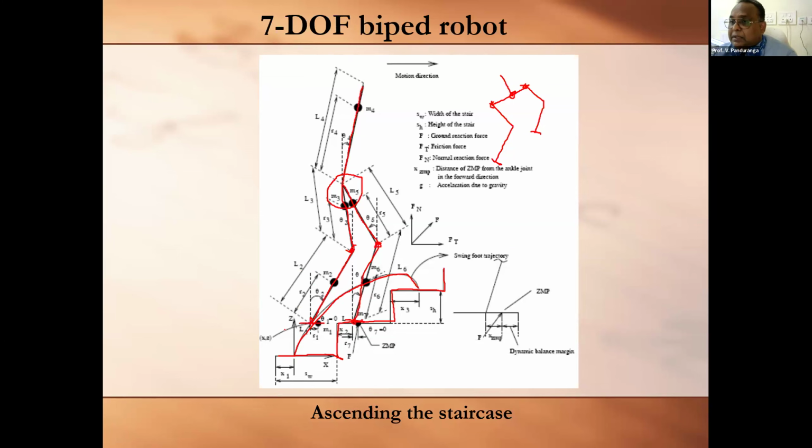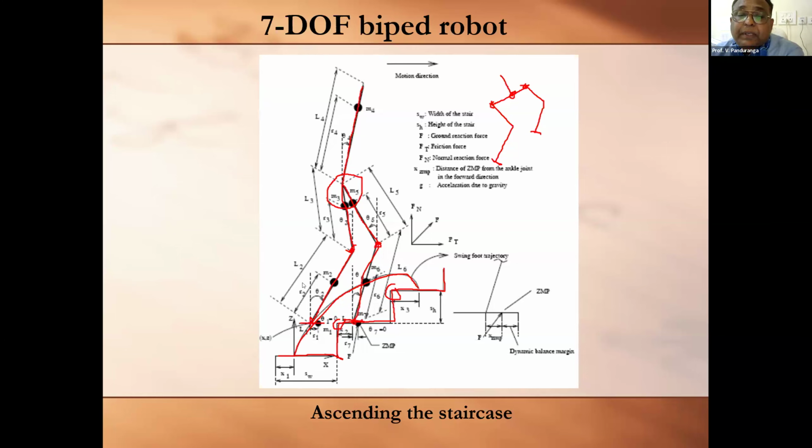Whenever there are stairs, obstacles, or the terrain is not uniform, we have to place our foot carefully to avoid collision with whatever objects are present in the terrain. So in this case, we have assumed a cubic polynomial to be followed by this swing foot, so that this foot avoids collision with the stairs present in its way. Okay, so these are various important things.